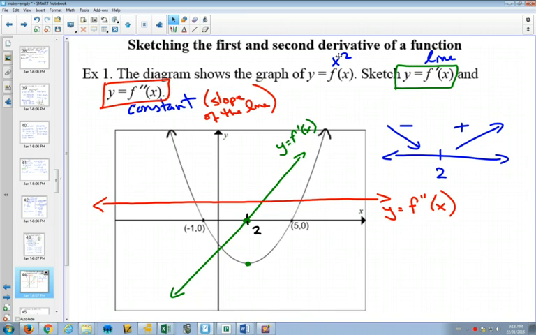Now I'm not sure, based on this graph, whether or not my slope is accurate or not. If you wanted to try to be more accurate, you could draw a tangent at one of your points as best as you can and say, does it look like a slope of 4 or 5?